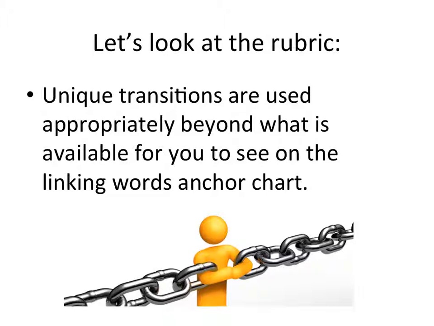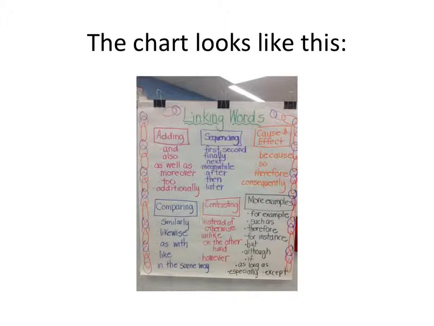Let's see what that Linking Words anchor chart looks like. Here's what it looks like in Ms. Suarez's class, and most classes have the same one. We see here that they're adding 2 ideas using and, also, as well as. We have some sequencing, first, second, finally.